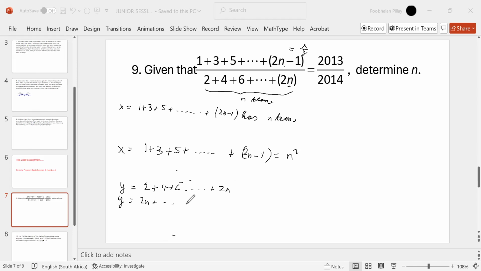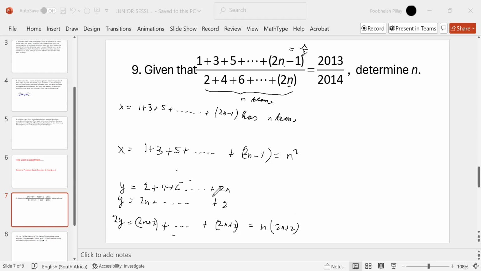You get 2n and so on, and it finishes at 2. And then you got n such terms. So you add both of them. You get 2y. But now when you add this, you get 2n plus 2, and so on, and the last one is also 2n plus 2. And there are n of these, so you're adding the same number n times. So it's n times (2n plus 2).